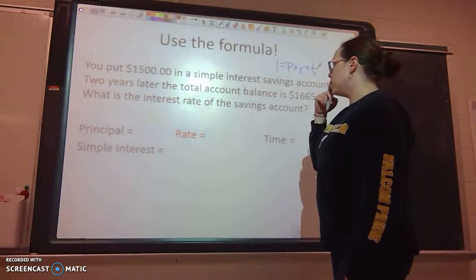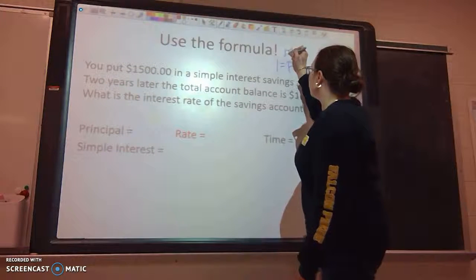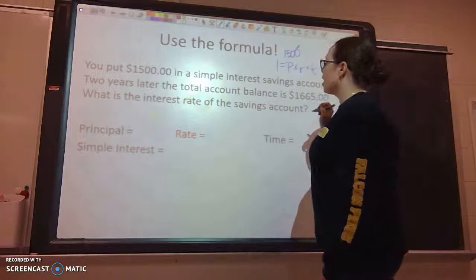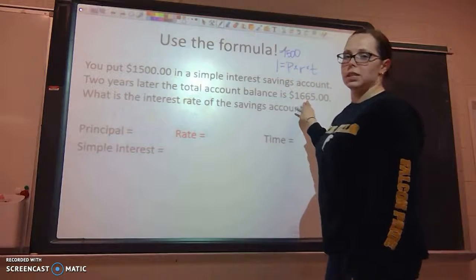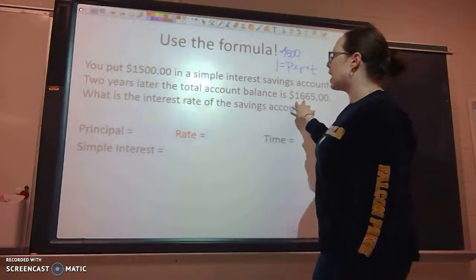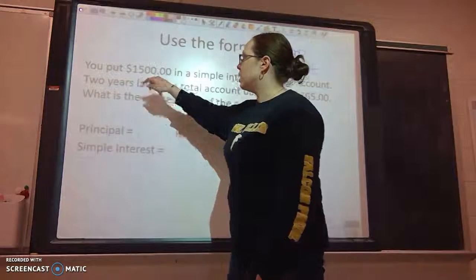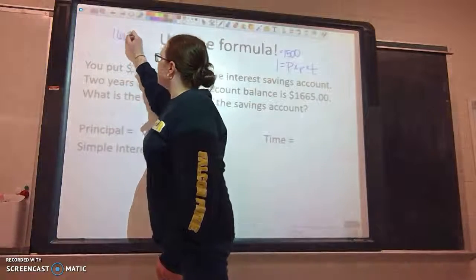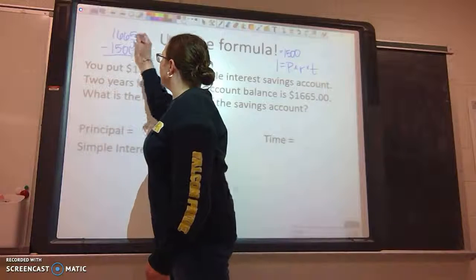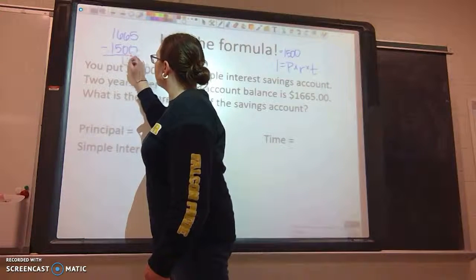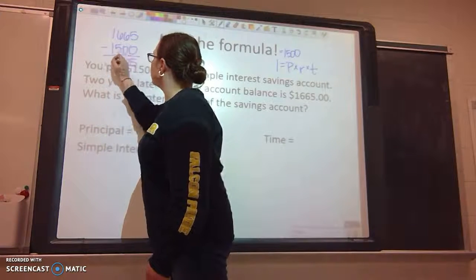So what do we know? We know our principal was $1,500, and we know that our interest is what? Well, the balance is $1,665, so the interest is what was added to the $1,500. So I'm going to do $1,665 minus $1,500. 5 minus 0 is 5, 6 minus 0 is 6, 6 minus 5 is 1, and 0.